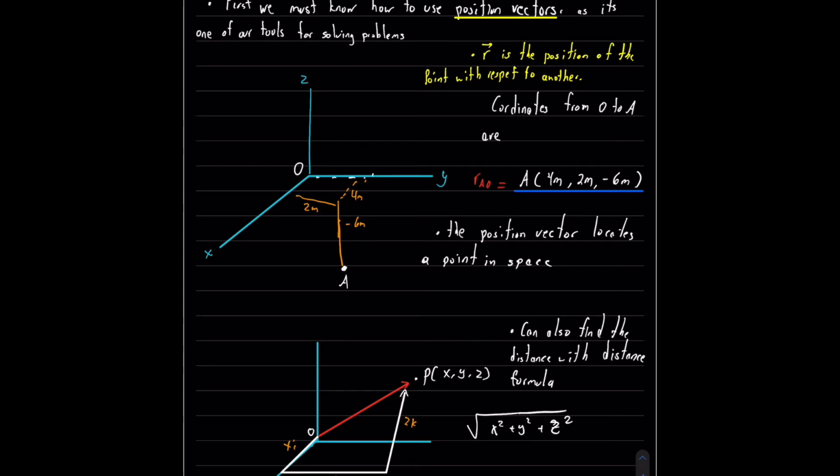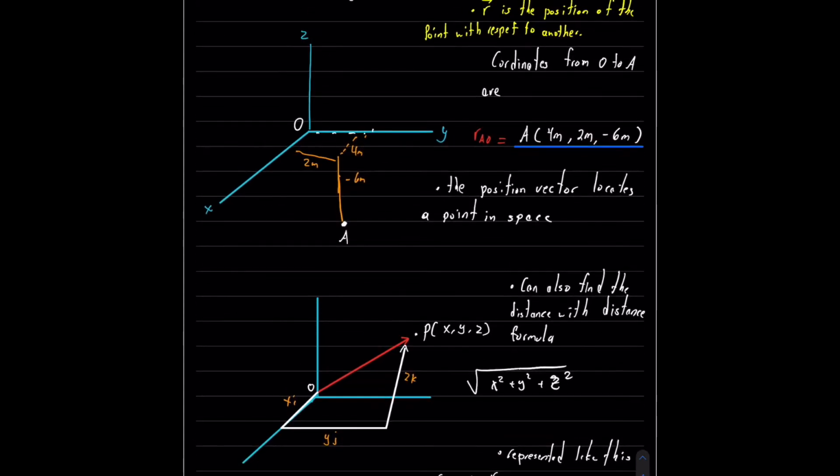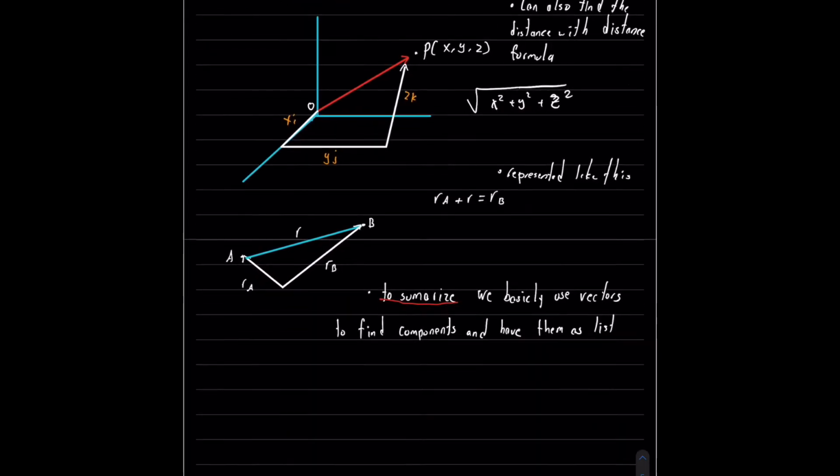It locates it along 3 directions, along the x direction, y direction, and z direction. Notice how we have 4 in the x direction, 2 in the y direction, and -6 in the z direction. And that is a vector here, which locates a point. Also, with the position vectors, you could find the magnitude by using the distance formula over here.